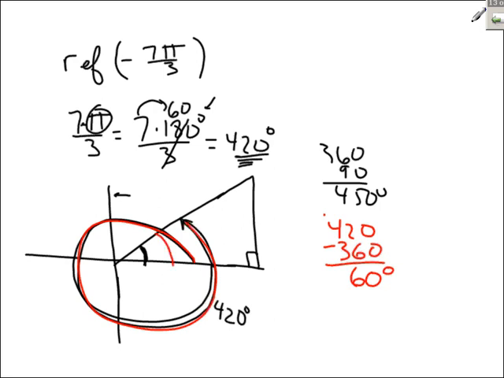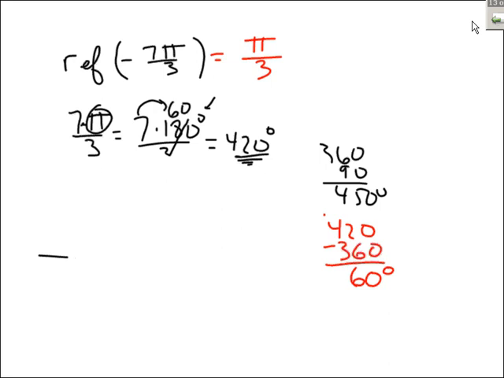So the reference angle is 60 degrees, and 60 degrees is 180 divided by 3. Oh, excuse me. I did all of this wrong. The reason it's all wrong is that I didn't go negative. I need to go negative 420 degrees. Sorry about that.